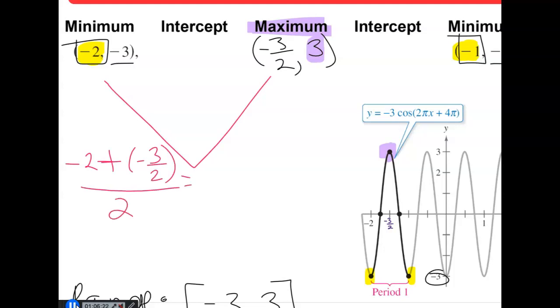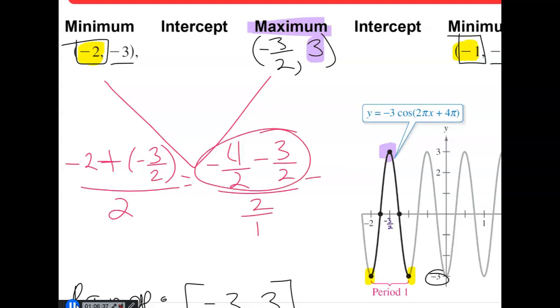So -2 in terms of halves will be -4/2. And then we have -3/2. And then we're dividing all of that by 2. If we add two negative numbers, remember they will remain negative, so that will be -7/2. And then we divide that by 2, or 2/1.